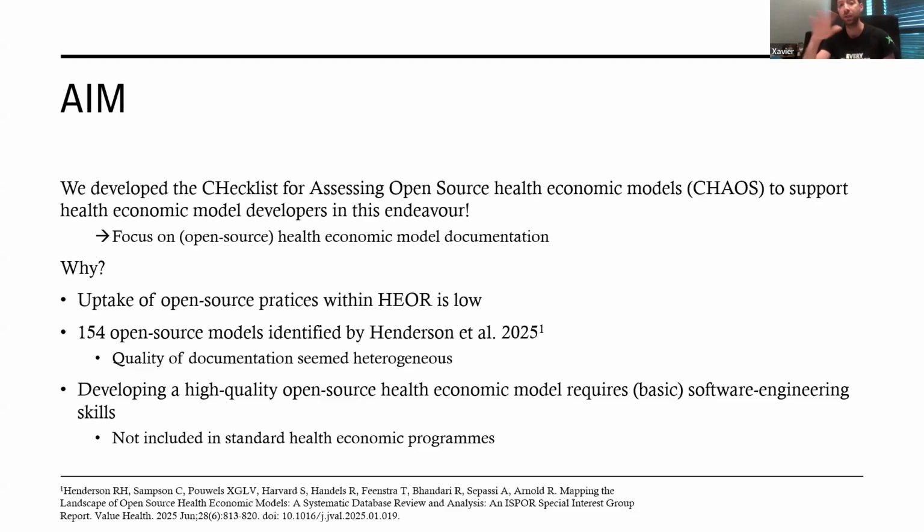And by looking really quickly through some of them, we could really see that the quality of the documentation of these models we found was quite heterogeneous. So some models, for instance, didn't have a license or a correct README file, a complete README file, etc., while others had really nice interactive documentation online, etc. So there was quite a wide range of the quality of the documentation that was available concerning these open source models.